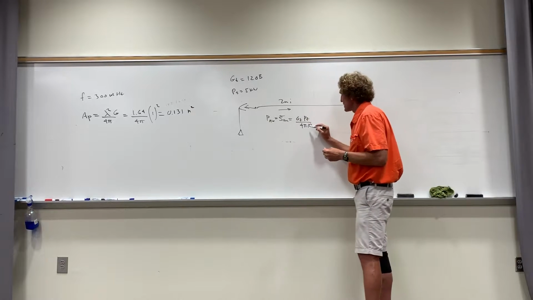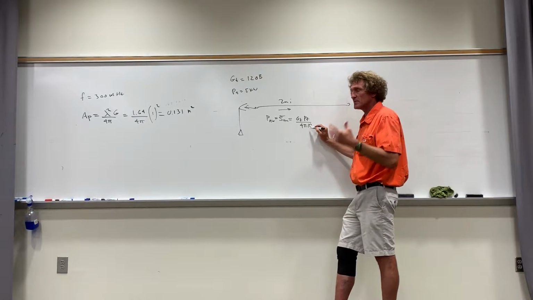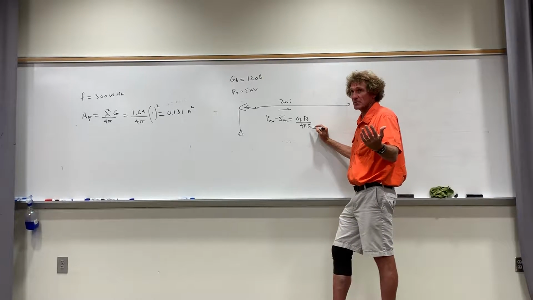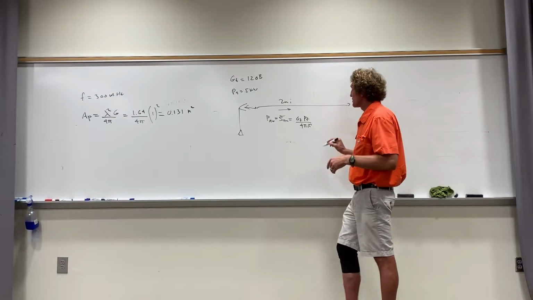The power transmitted over 4 pi r squared is the amount if there was no gain, if it was isotropic. The gain sharpens it. Now that's the power density.